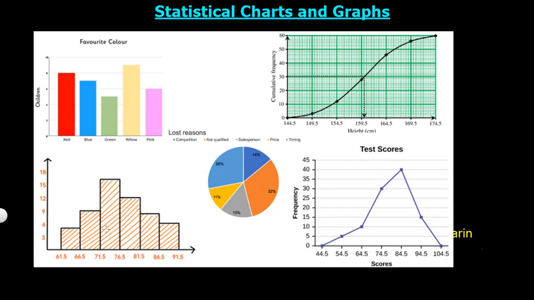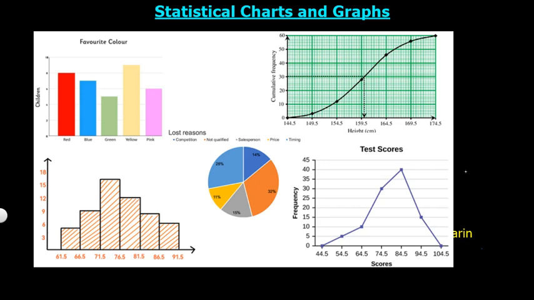While the histogram, the ones with rectangular blocks close to each other, the cumulative frequency curve, the frequency polygon, these are used for grouped data. So all this and more are charts and graphs that are used in statistics. We learn how they are prepared based on given data in the subsequent examples that we are going to be exposed to here.